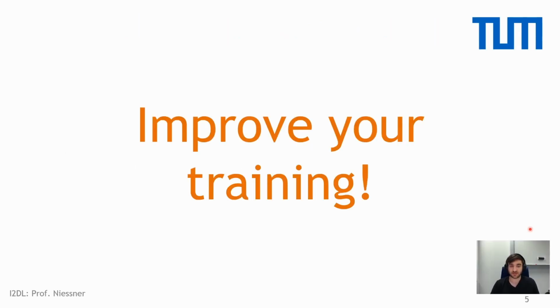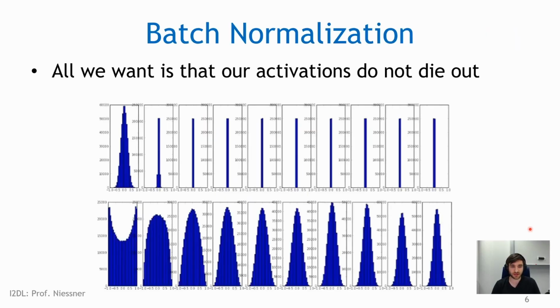Okay, so now let's continue with other techniques for how we can improve the training even further. In the lecture, we already heard about batch normalization, and I quickly want to recap this idea. The thing with deep networks is that the activations, even after a few layers, will die.